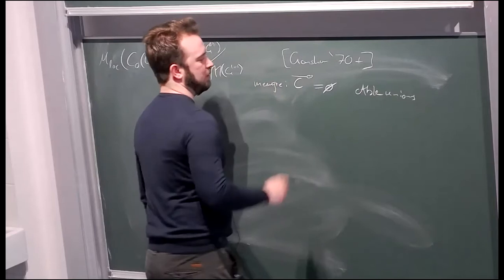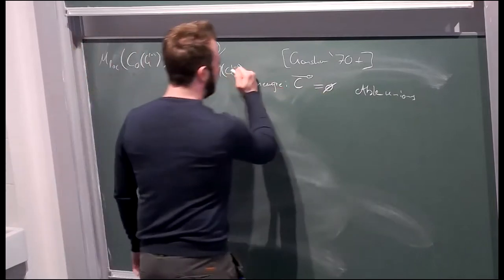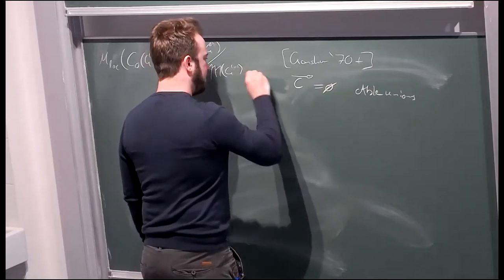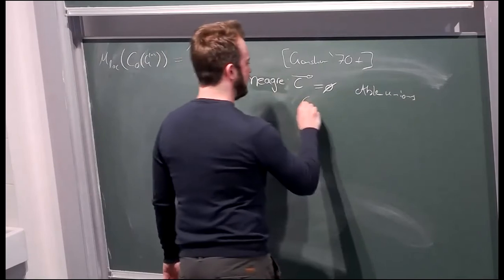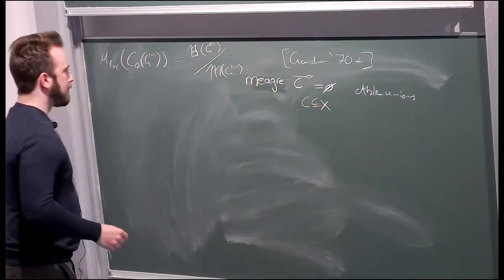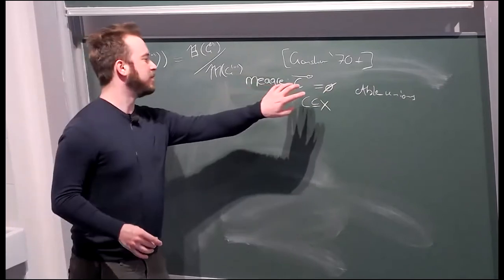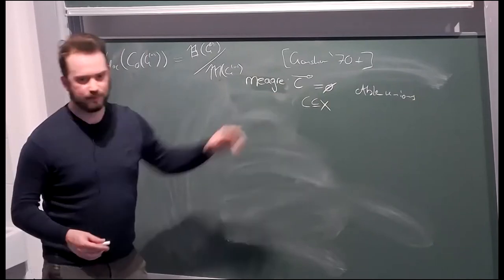Meager is exactly countable unions of these objects. I want countable unions because I want to be able to take countable sums in here of functions supported on these things.